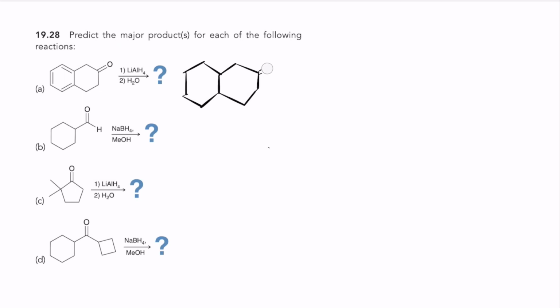The double bonded oxygen gets attacked by the LiAlH4. The hydride ion will attack the carbon, and the carbon will give electrons back to oxygen, so it forms a negatively charged oxygen.